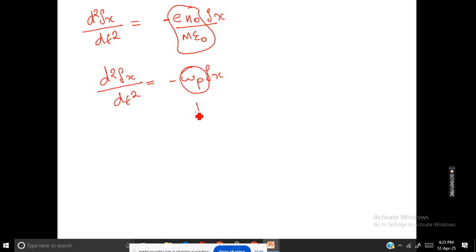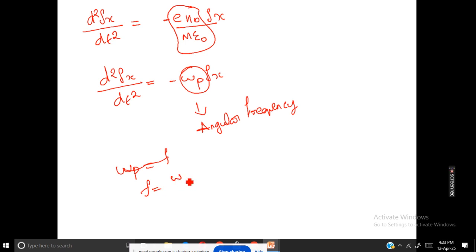This is known as the angular frequency of the oscillation. So we want to find the frequency: angular frequency by 2 pi is the actual frequency.